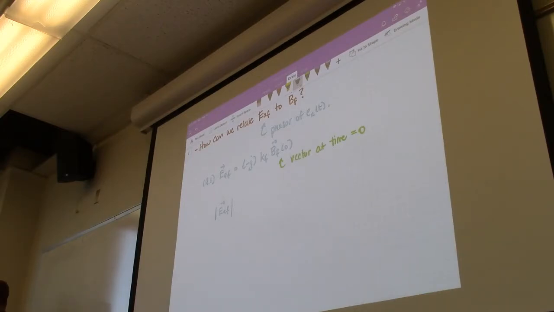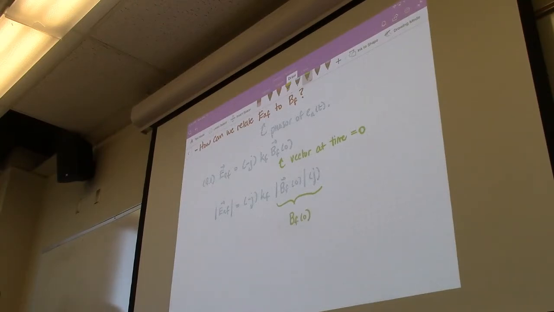If we take the magnitude of EAF, that'll propagate through the rest of the equation. Negative J will stay the same, KF will stay the same. Now we're going to take the magnitude of BF of 0, but in there we have to multiply by J, because these two together give us BF of 0.